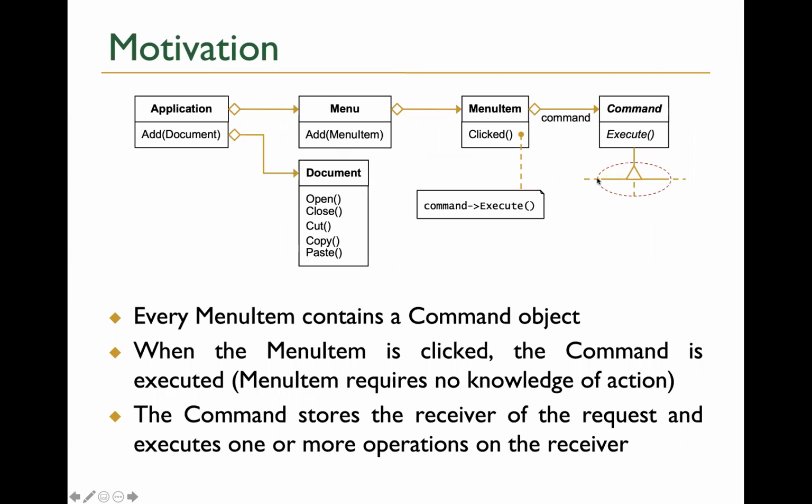Instead of putting the code directly into the method, we want you to build a command hierarchy first. For different kinds of commands, you put the code in the command classes, so the action function only needs to create an instance and run that command. This is what the command pattern is trying to do.